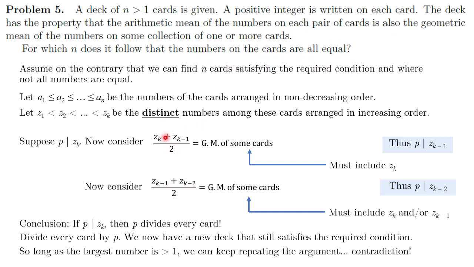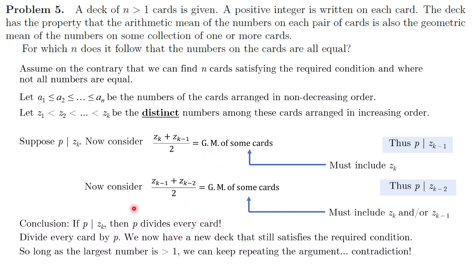It seems that the largest two will give a problem, and indeed, because I realized that to achieve this as the geometric mean of some cards, I'll have to throw in the largest card no matter what. And that led me to realize that if some prime divides the largest number, then it must divide the geometric mean and therefore divide the second largest number, and then it's quite natural after that to consider doing induction on that idea.